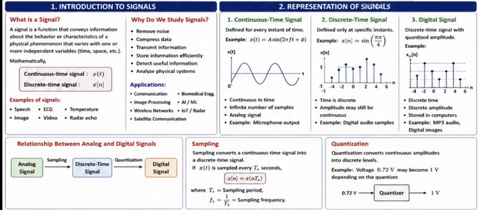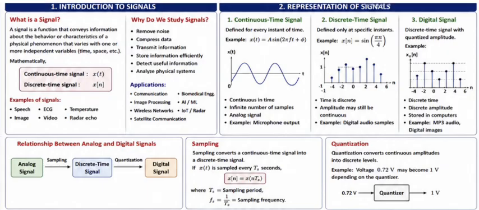The reason is, let us assume the total time period of the signal is between 0 to 2 seconds. If I'm able to define the characteristics of the signal at any point of time between 0 and 2 seconds, then I can call such a signal a continuous time signal.